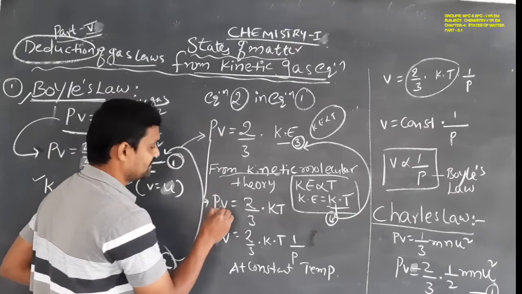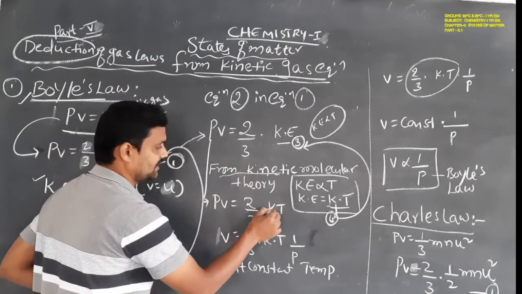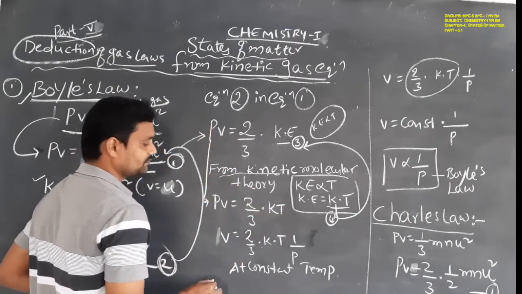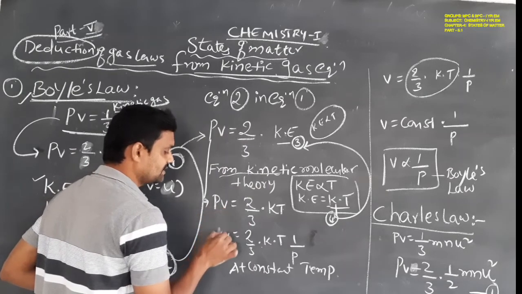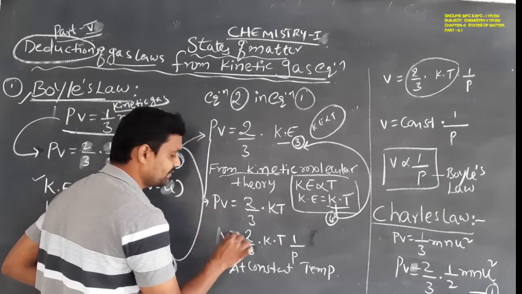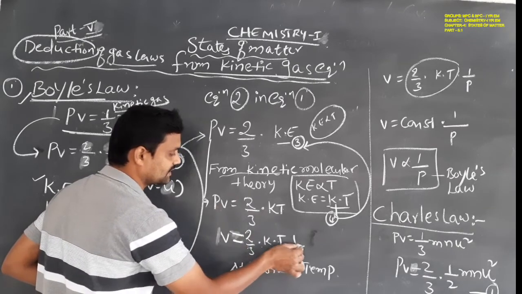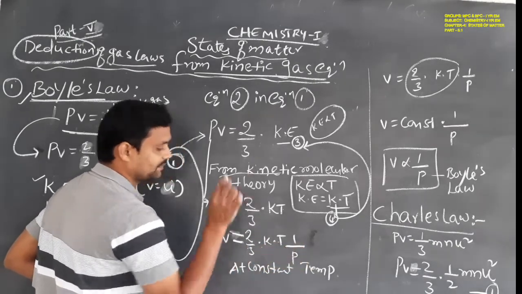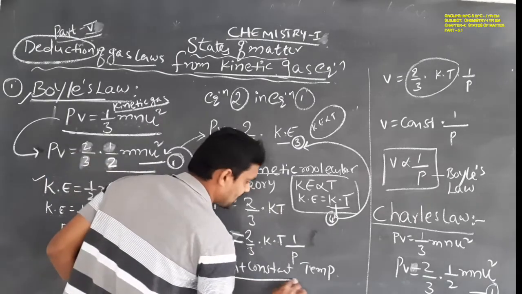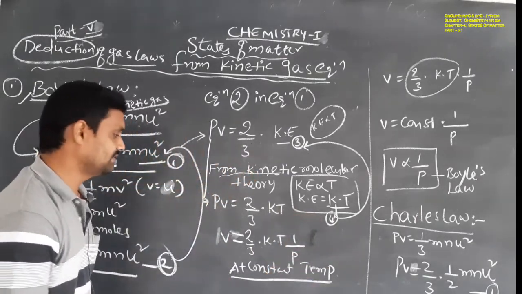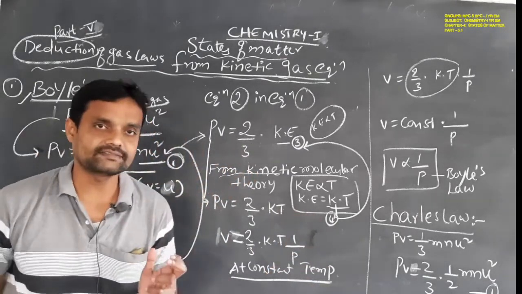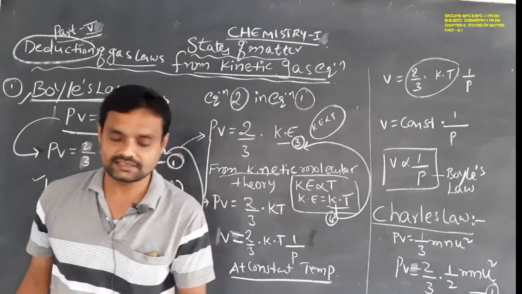So PV equals 2 by 3 into K into T. Then from this equation, on simplification, V equals 2 by 3 K into T, and P goes to the denominator, so 1 by P. At constant temperature, here we can assume the temperature will be constant.